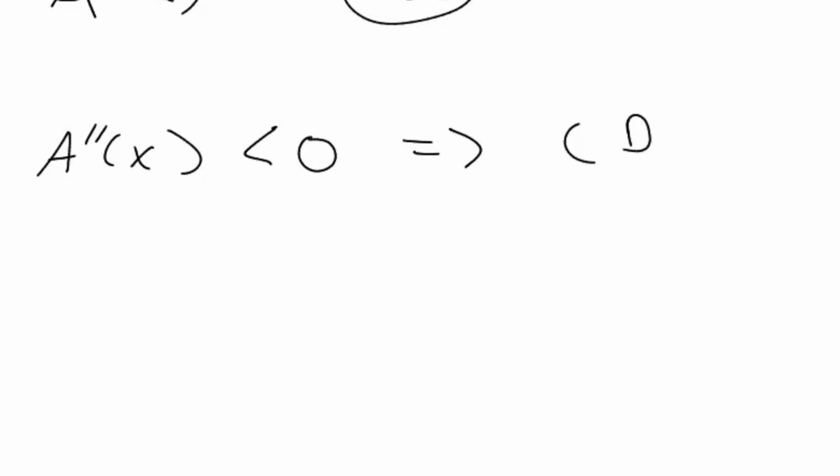If we're looking for a maximum, our graph needs to be concave down, which means the second derivative is less than 0. We know that negative 2 is indeed less than 0, so this is indeed concave down.